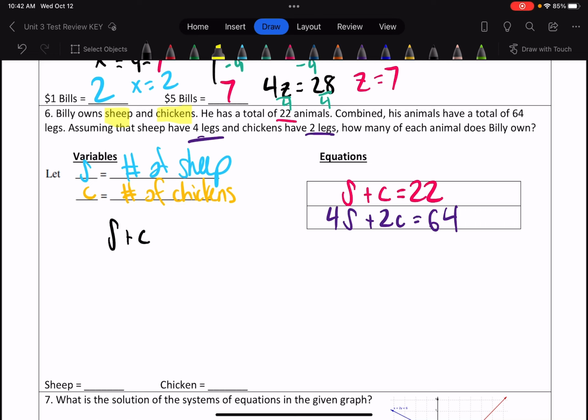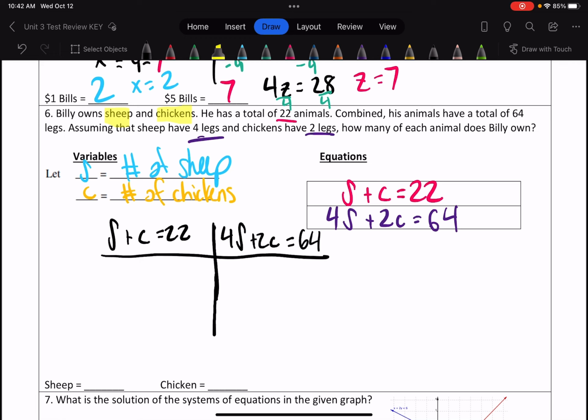So I have S plus C is equal to 22. And 4S plus 2C is equal to 64. It does not matter which variable you choose to solve for first. I'm in the mood to solve for chickens, so therefore I'm going to subtract S on each side of the first equation to isolate my C variable.